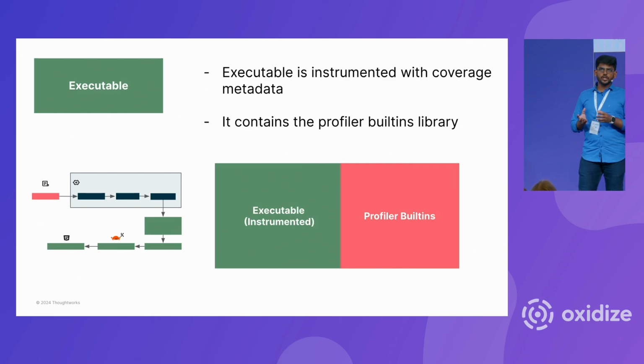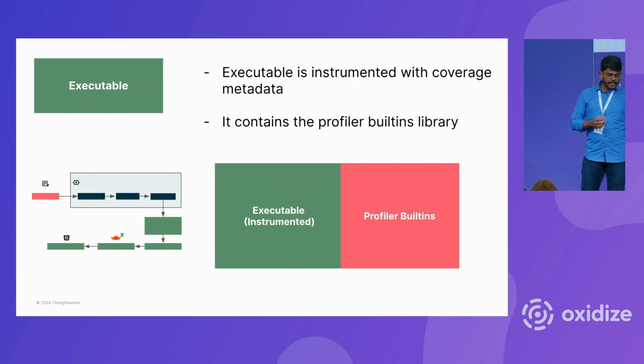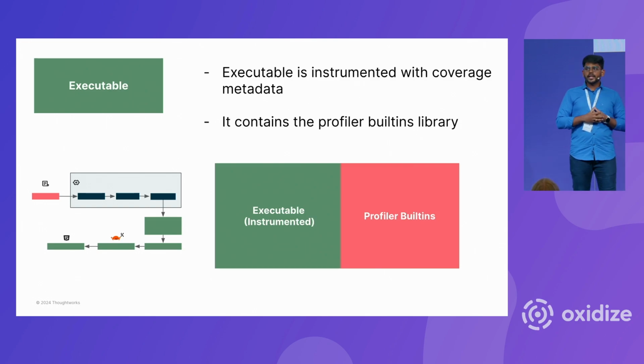This means we add some more metadata because of the C instrument coverage, and this data is also stored as part of your executable. It also contains the profiler runtime, also called profiler built-ins, which comes along with LLVM.